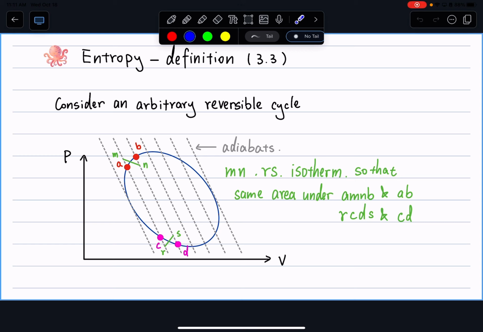So if you write this out, QAMNB, you can write it as QAM plus QMN plus QNB. And these two terms, QAM and QNB, become 0. Right, so that's why our QAB equals QMN. All right?